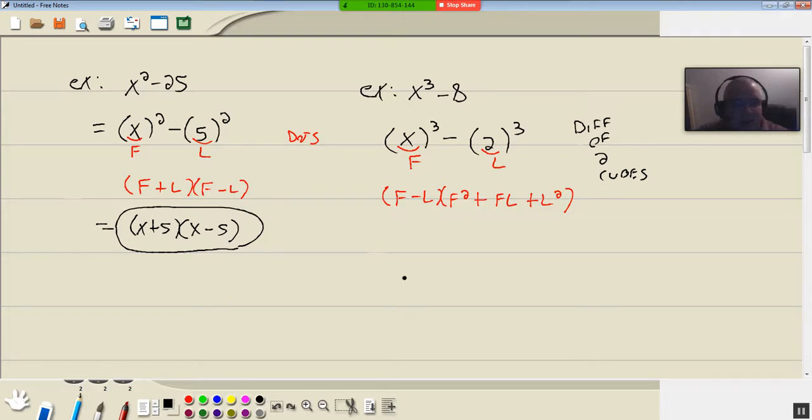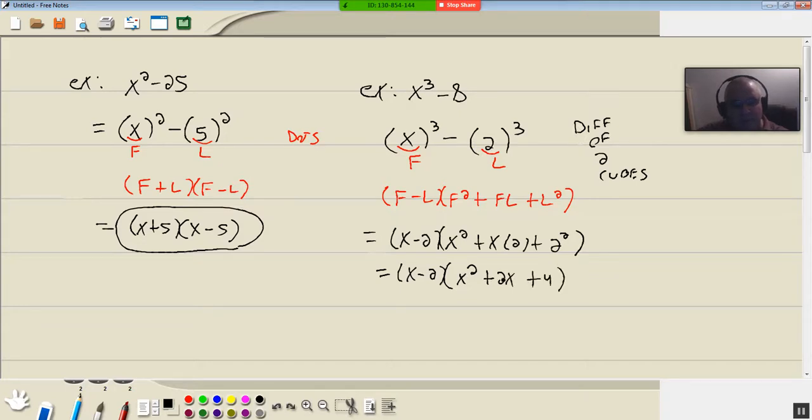Now everywhere you have an F, you're going to plug in x, and everywhere you have an L, you'll plug in 2. So we got x minus 2, x squared plus x times 2 plus 2 squared. So that's x minus 2, x squared, x times 2 is 2x, and 2 squared is 4. And that would be our answer.